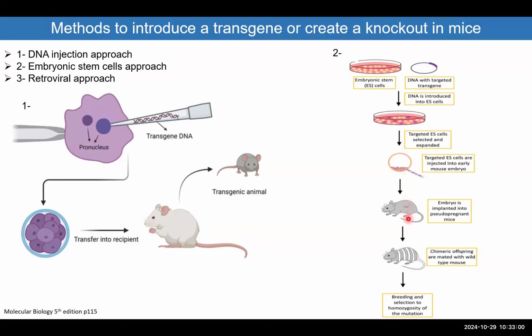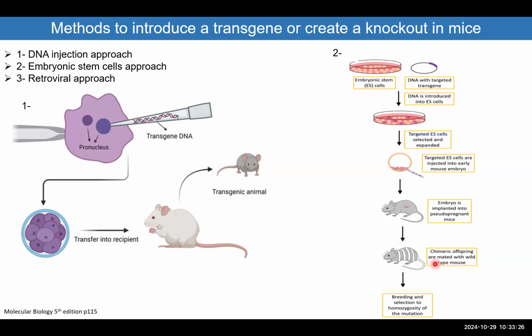Once you get embryos from that mouse, you would implant these embryos into a mouse, and this mouse will generate offspring. Some of the tissues would have stem cells that you have modified, and some would not be modified. That's why you have different colors in the fur of the mouse.